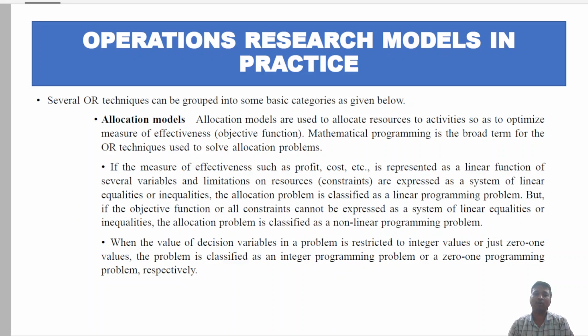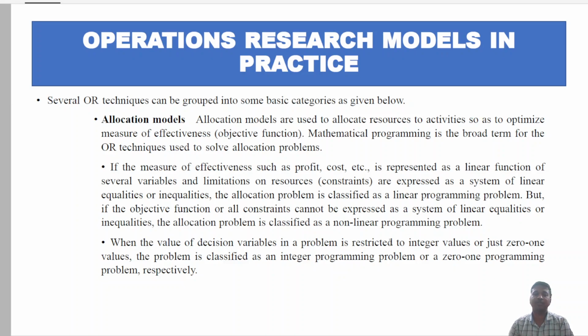If the measure of effectiveness such as profit, cost, etc. is represented as a linear function of several variables and limitations on resources are expressed as a system of linear equalities or inequalities, the allocation problem is classified as a linear programming problem.